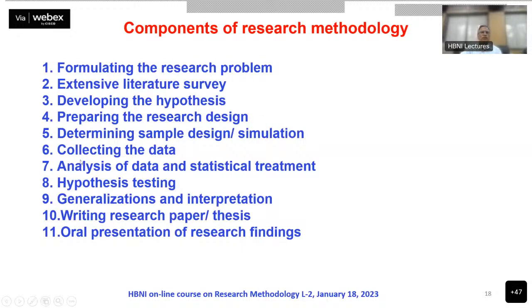Whatever you do, you prepare the research design. Then as a part of that, you may have sample design or simulation, depending upon what kind of research you are doing. You may be collecting some samples, or preparing some samples, or doing some model, some theoretical calculations, making some code.